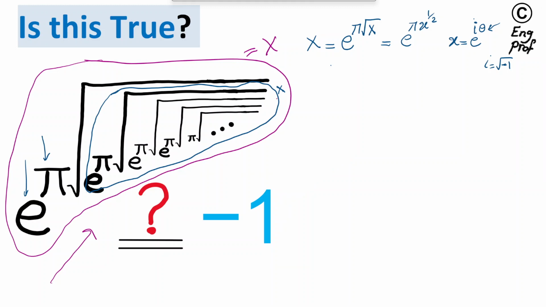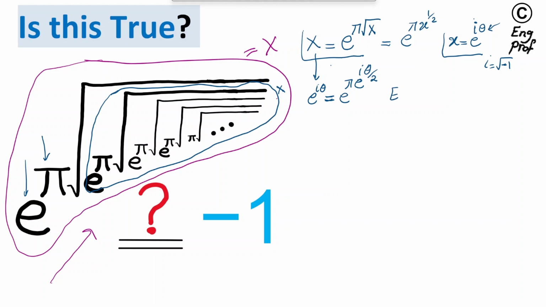So let's substitute this into our equation. If we do that, x is e to the i theta, equal to e to the pi, and then we have, instead of x, e to the i theta to the power 1 over 2, which becomes e to the i theta divided by 2. I'm going to use Euler's formula.